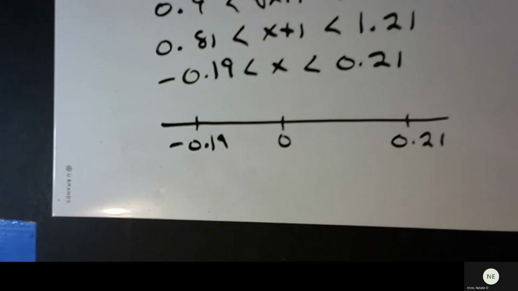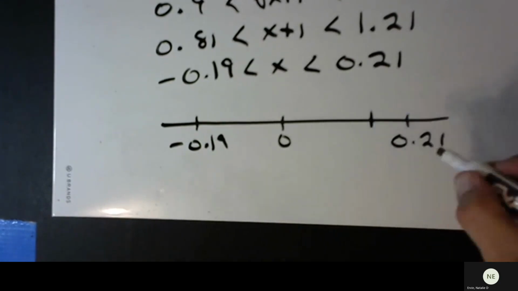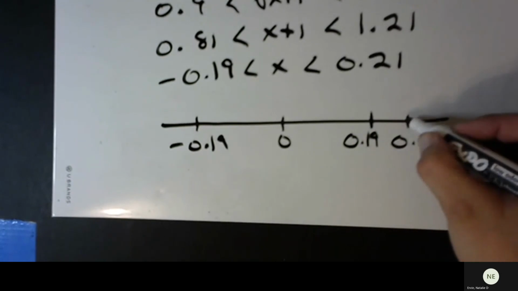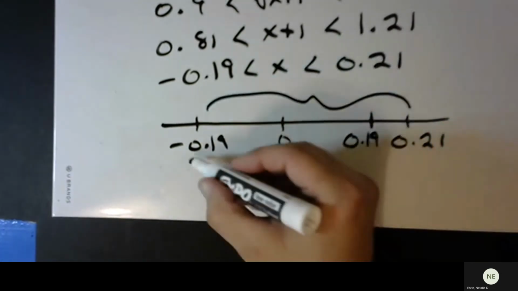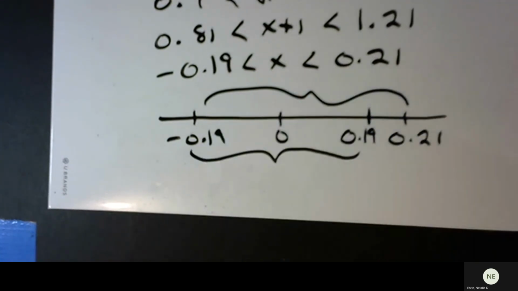So we could actually choose a smaller value for the upper bound of 0.19, and we're still in this whole interval. So we'll just be a little more strict, and we'll go for that.